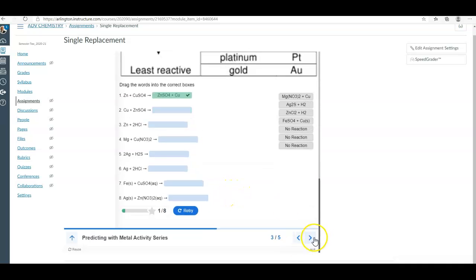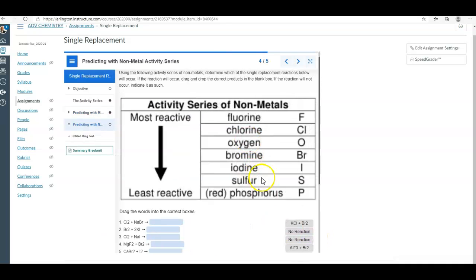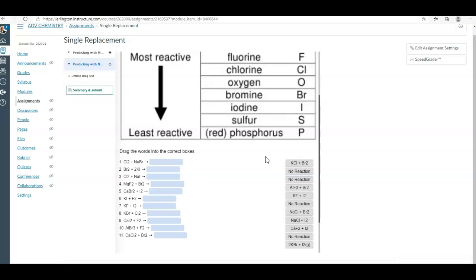Okay? So that's what I want you guys to use to complete that. And then the next one is the same thing, but in this case, this is simply non-metals. So in this case, we're going to be comparing the non-metals to the non-metal. So we're not comparing, for example, chlorine to sodium because sodium is a metal and chlorine is a non-metal.